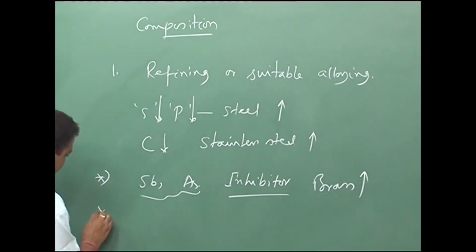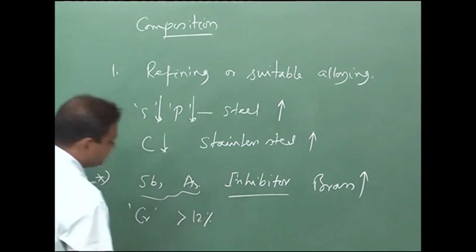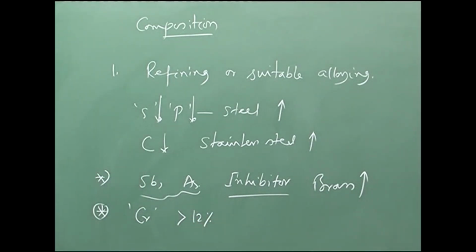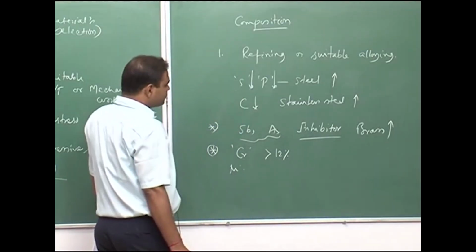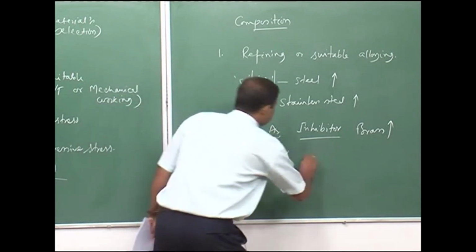We can also think of alloying with chromium. If we have chromium of more than 12% in steel along with nickel, we can improve the corrosion resistance of steel and we can make it stainless.